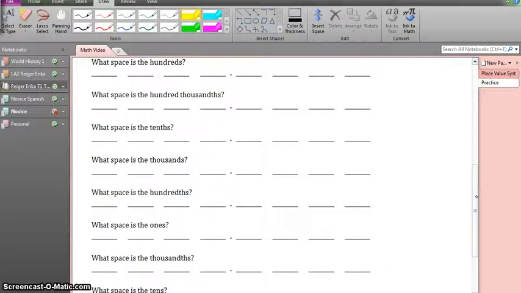What space is the hundreds? Take a minute. Okay, this space is the hundreds because that is where when you go 2 places to the left, because it's ones, tens, hundreds. What space is the hundred thousandths?